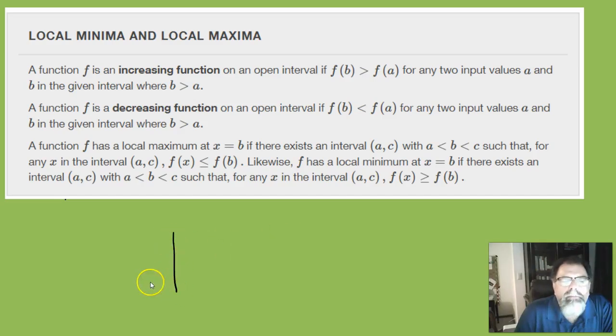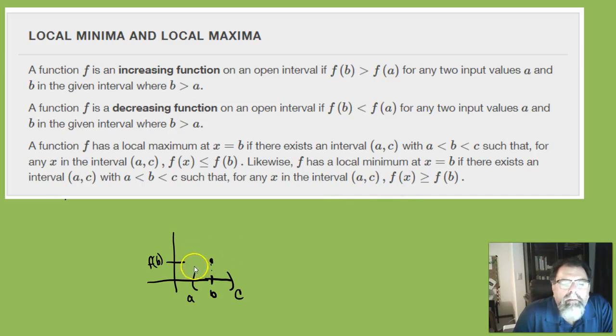So if you think of it this way, if this is f of b right here, then this would be b. We have to have an open interval from a to c where all the x values, when you plug them in, give values greater than f of b.